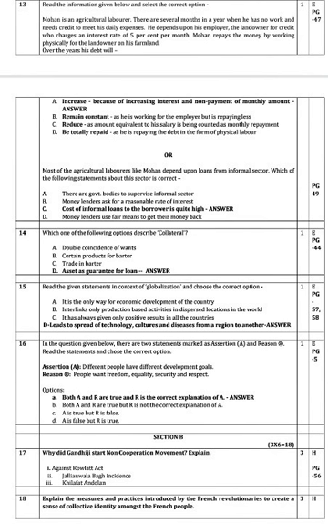B, it interlinks only production based activities in dispersed locations in the world. No, this is not a proper option because not only production is linked, other activities are also linked. C, it has always given only positive results in all the countries. No, we have seen the adverse impact of globalization on our workers and small producers. And D is, it leads to spread of technology, culture, disease from one region to another.